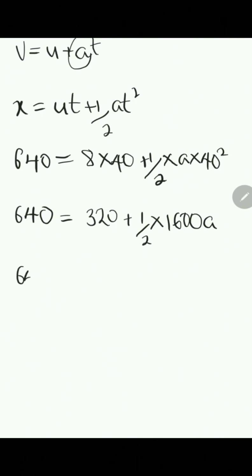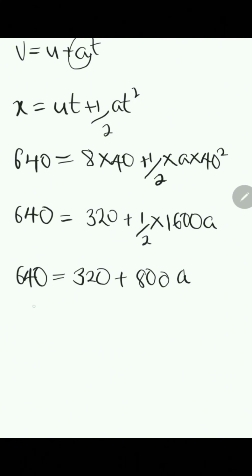Now this 320 goes to the other side, so we get 640 minus 320. Okay, we can just leave it for now. Then half multiplied by 1600 gives us 800 a.